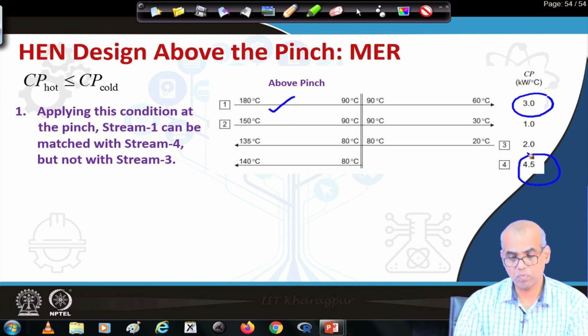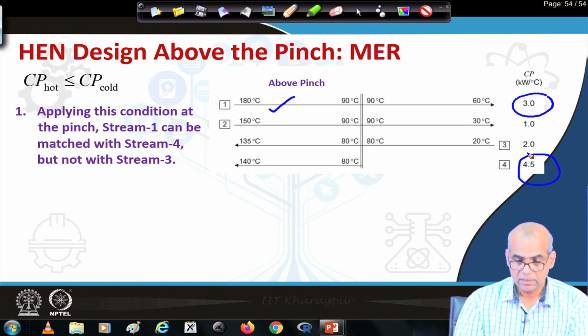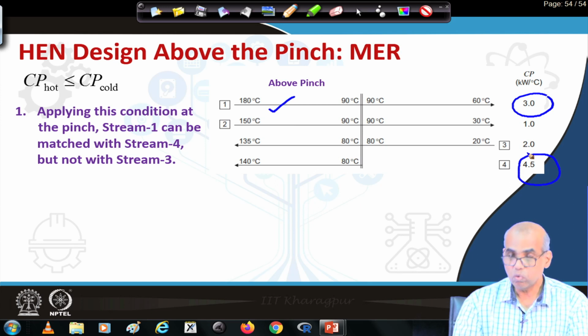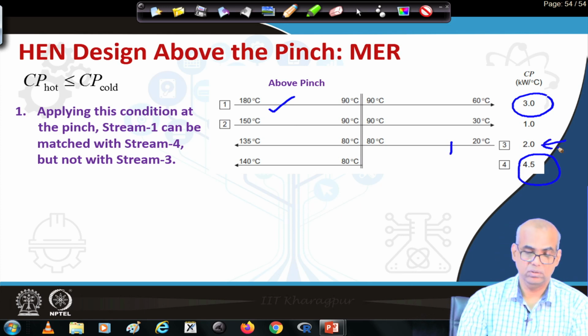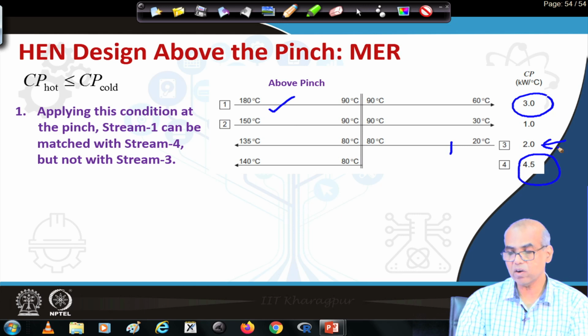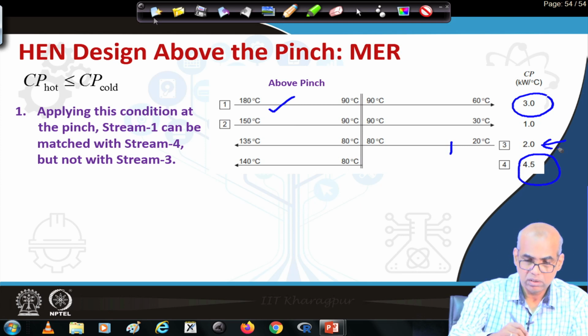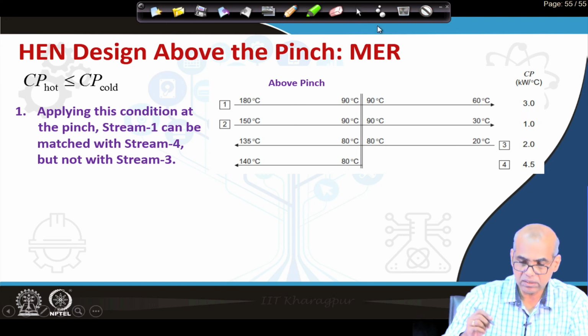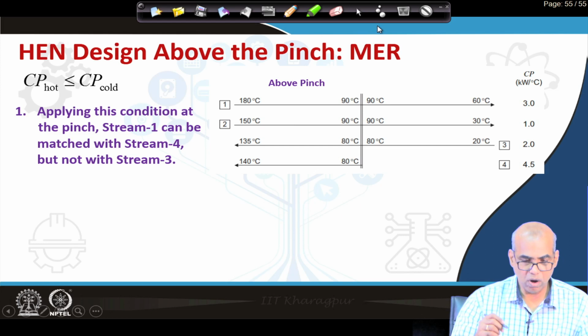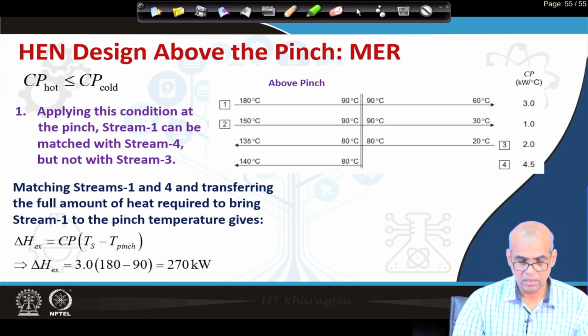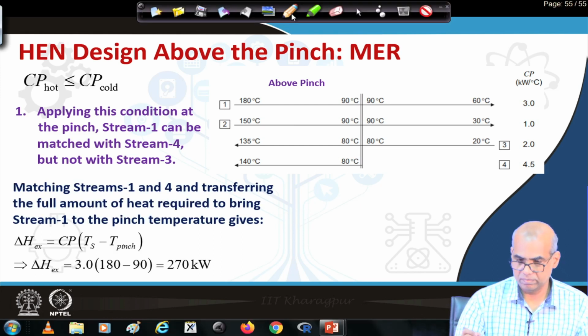So, 3 is less than 4.5, but stream 1 cannot be matched with the other cold stream 3 because it has a Cp value of 2 and Cp hot cannot be greater than Cp cold above pinch. So, I have to match stream 1 with stream 4.